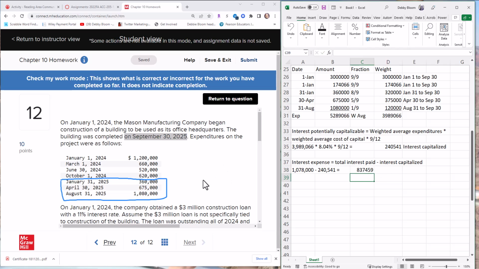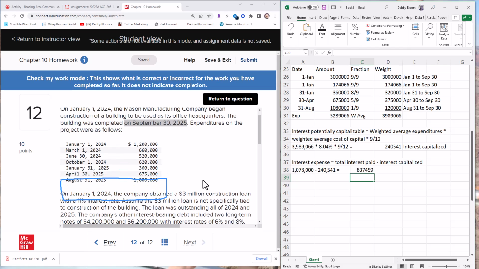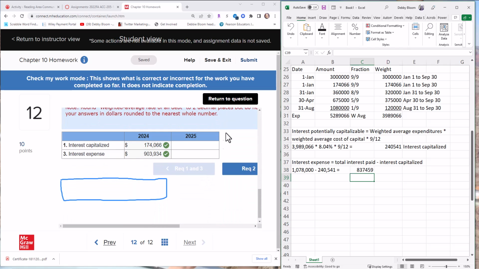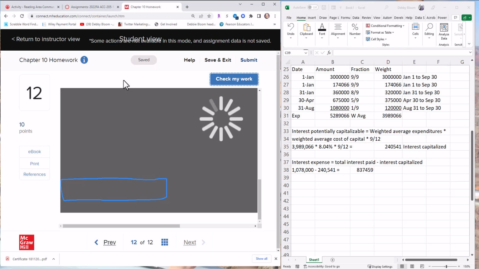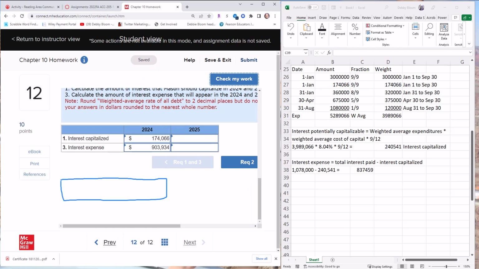And that equals 837,459. So let's put in our numbers for 2025, and then let us finish this problem.